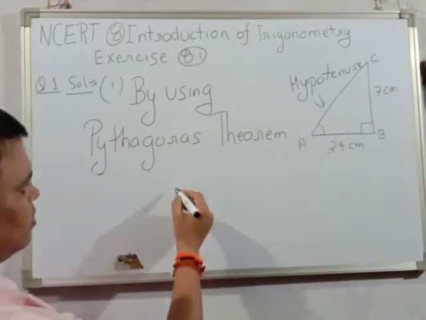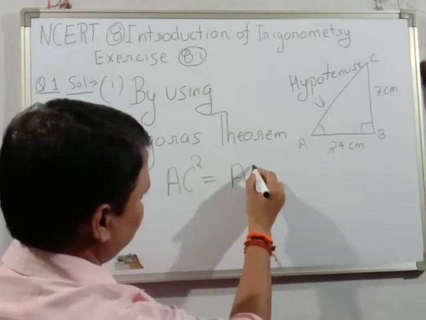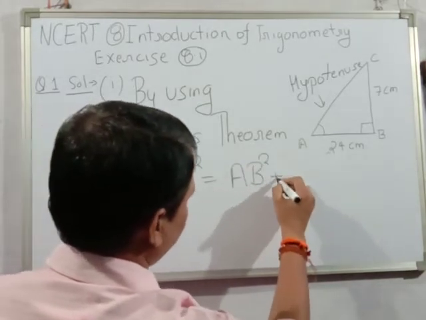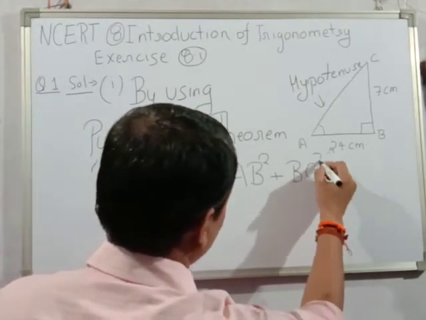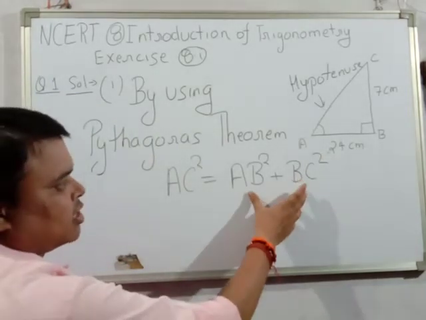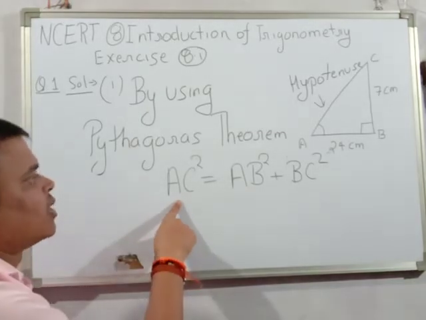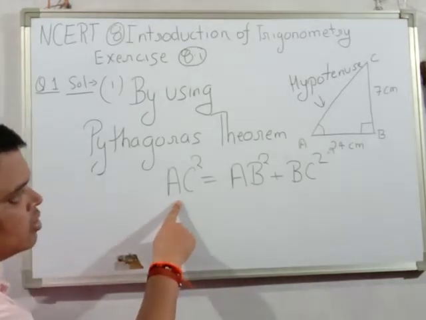Means AC square is equal to AB square plus BC square. Sum of square of two smaller sides equal to the square of larger side. This is Pythagoras theorem. Okay.